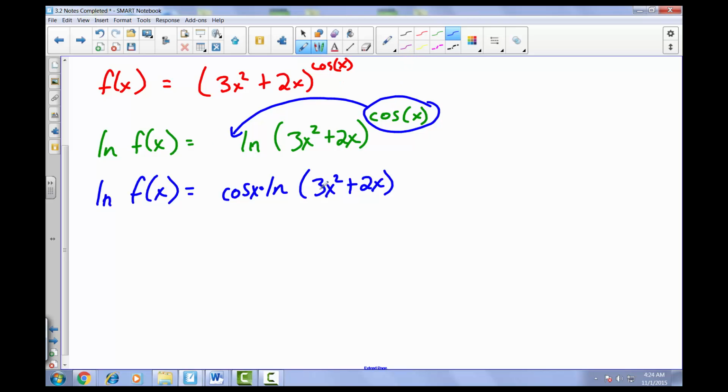What we're going to go ahead and do is use implicit differentiation. So in other words, we're going to go ahead and take the derivative with respect to x on both sides.